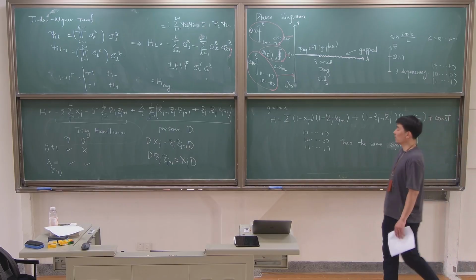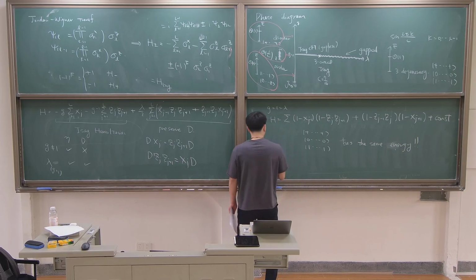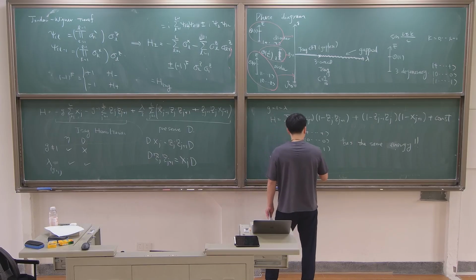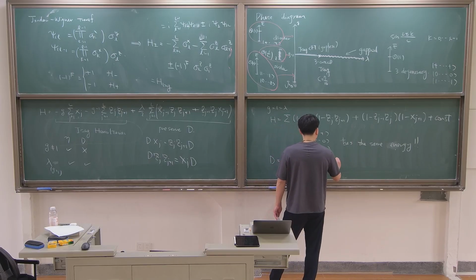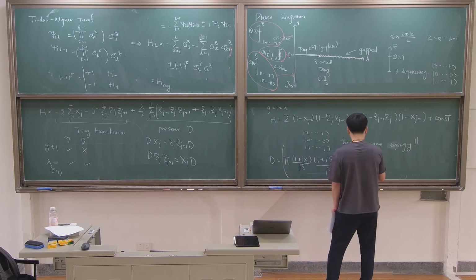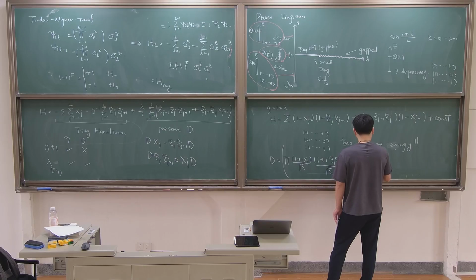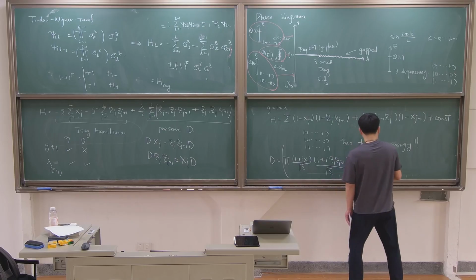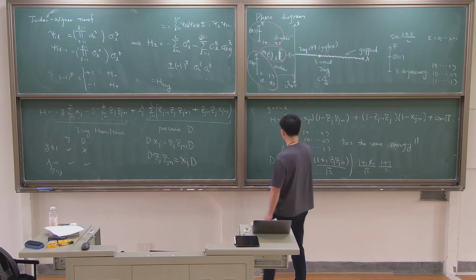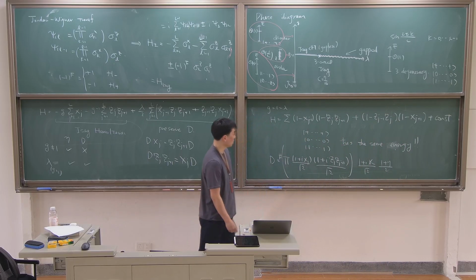Also, since we know the definition of D is something like 1 plus i x over square root 2, 1 plus i z_{j+1} over square root 2, and the last one is 1 plus i x_L over square root 2, and some prefactor here, which is also important.